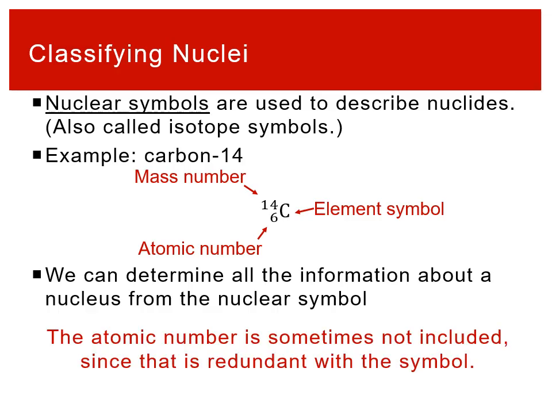You will note that if you poke around, the book also sometimes gets a little lazy. You don't always have the atomic number included. So what that would look like is just 14C. You wouldn't include the 6. You just leave it as a blank space, and the reason is that the atomic number 6 is already demonstrated by calling it carbon.